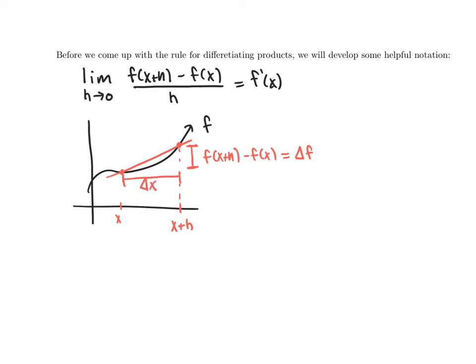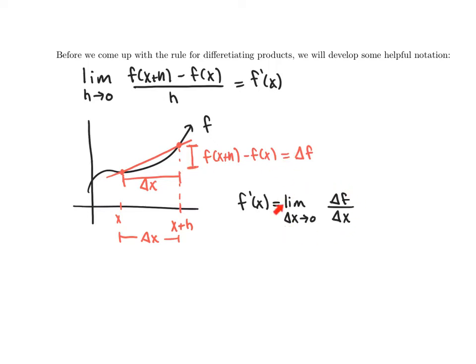So another way of writing the derivative would be to say that f prime of x is the limit as delta x goes to 0 of delta f over delta x, recognizing that as I shrink the delta x distance down to 0, I am also going to correspondingly shrink the delta f distance down to 0.